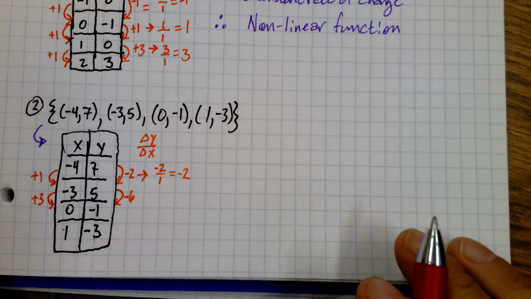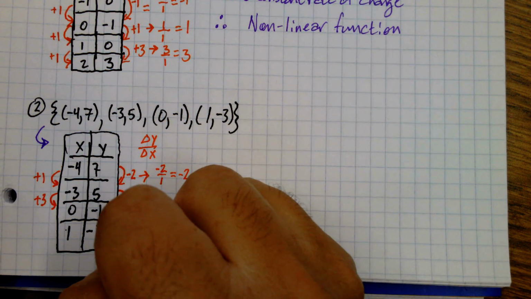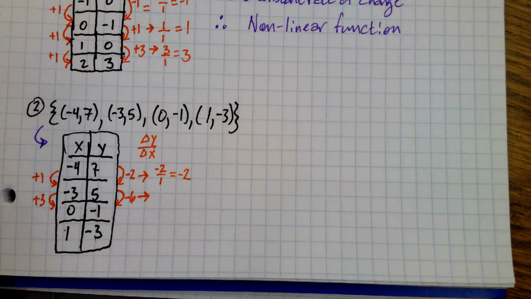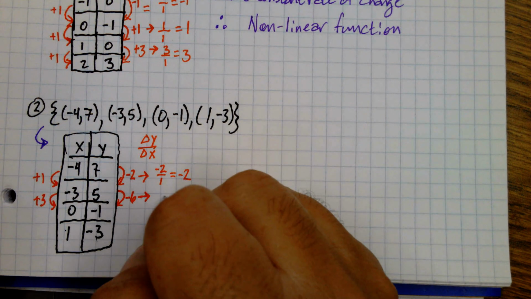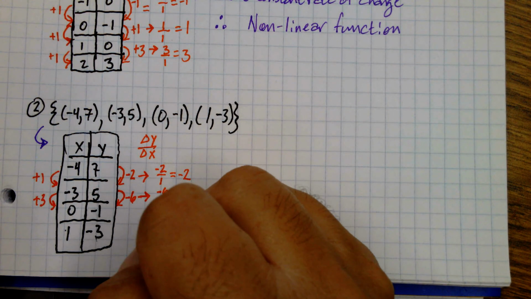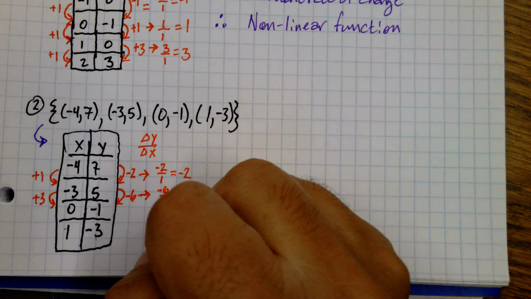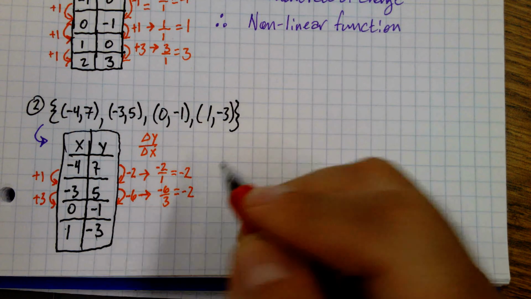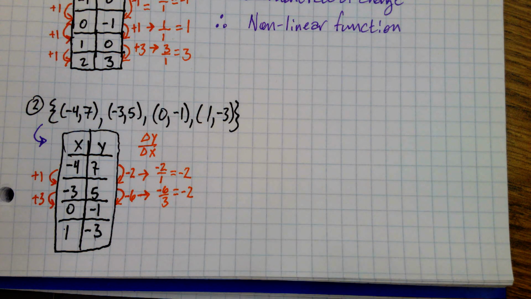Well, that looks different, right? Not really. Let's hold on. Some people are saying nonlinear. Let's set up the ratio. The ratio is going to tell us. What's our ratio of y to x? And if we simplify that, negative 2 to 1 or just negative 2. So we still got negative 2, right? So far so good?